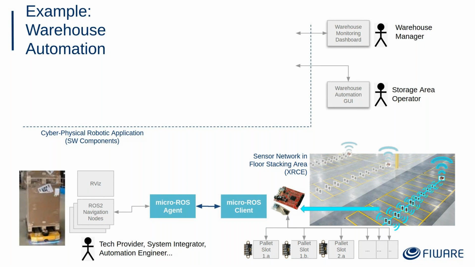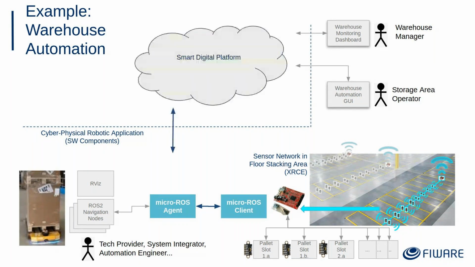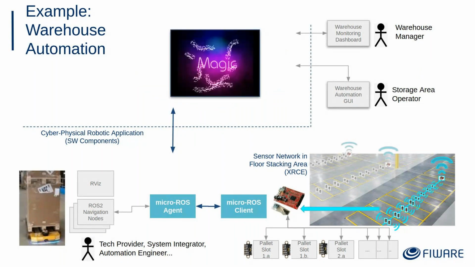What happens here is that in order to materialize this scenario, a concept, let's say today, a smart digital platform emerged, and what is expected from the smart digital platform is some kind of magic that solves everything, links every component, and enables the interoperability between all the components to satisfy the requirements of the application scenario.